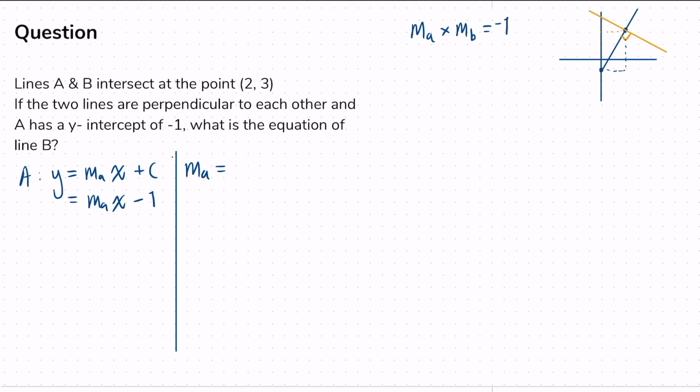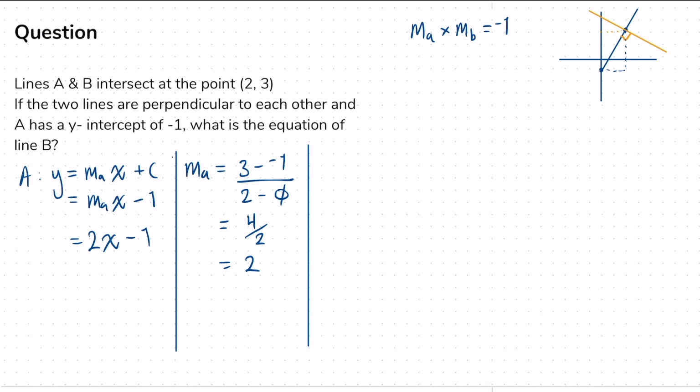If I go across one, how far up do I go? In this instance, I'm going up from -1 to 3. So what's the difference between 3 and -1? And what's the difference between 0 and 2? Okay, so line A is 2x minus 1. And it's positive, so that's kind of what we were expecting.